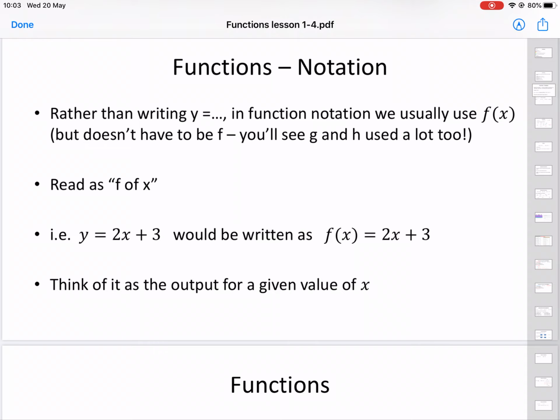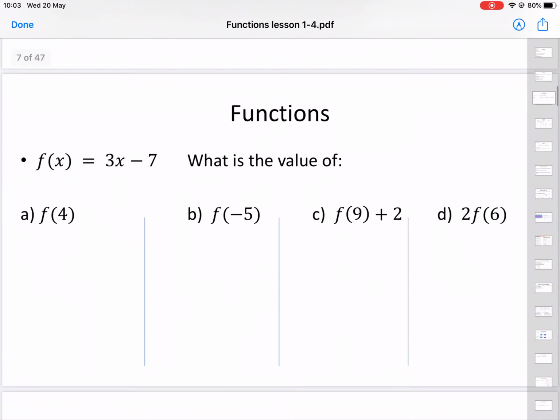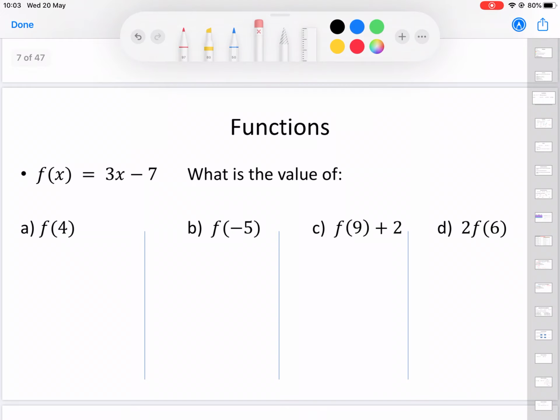Okay, so we're going to have a look at 4 examples of how on earth we're going to use this and why we use this. Here's the prime question we will be asked. f of x equals 3x minus 7. What is the value of f of 4? This basically just turns into a substitution lesson, because all we're going to do is say f of 4 equals 3x minus 7.